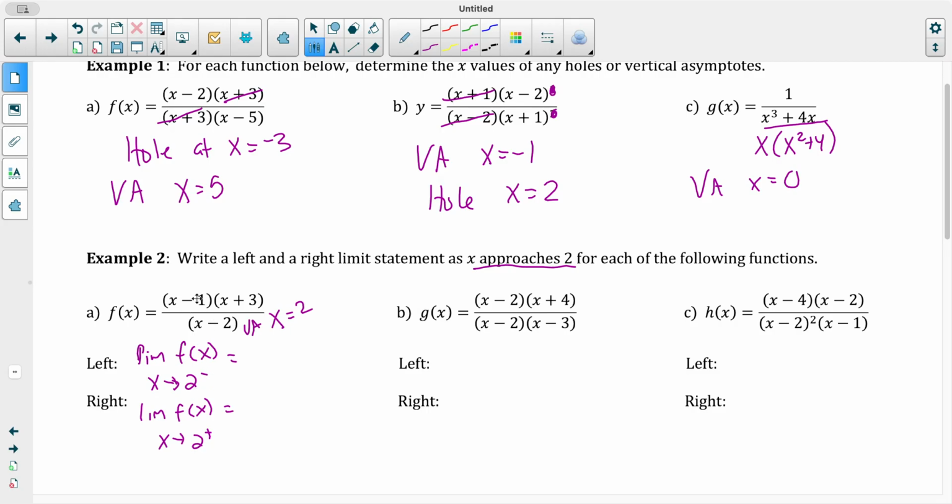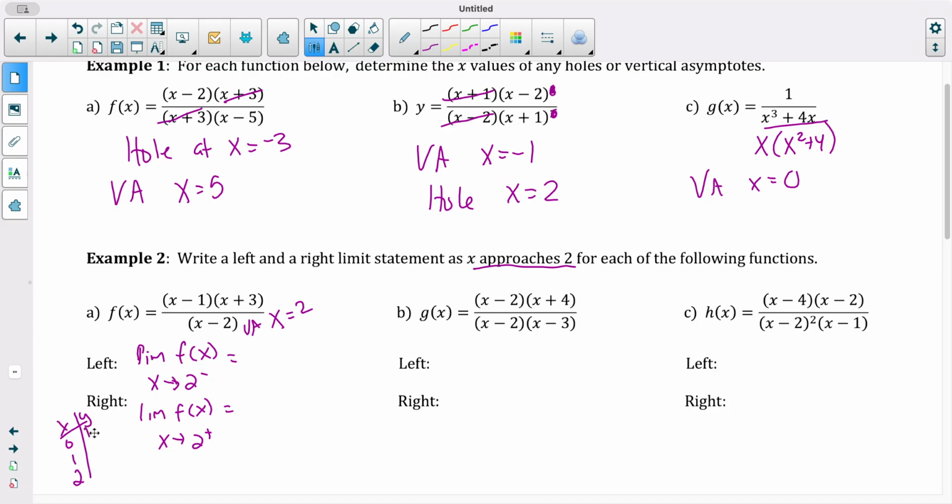Like if I substituted in, let's say, 0, I would get, let's see, -1 times 3 is -3 over -2, which is 1.5. Okay, so that means I'm getting a positive number. Let's see what happens when I plug in 1, since that's also close to 2. So basically making a chart, since I'm getting close to 2 from the left, that's lower numbers.